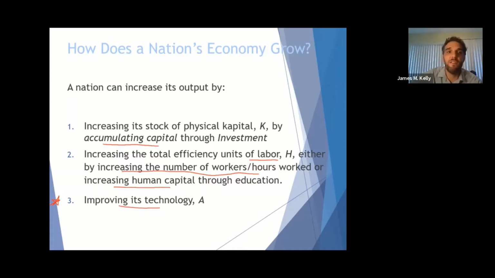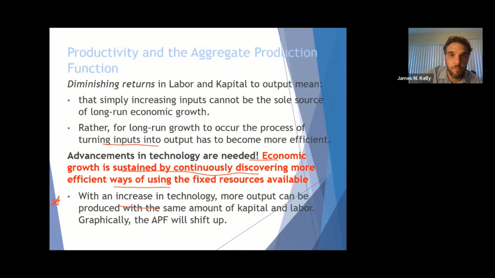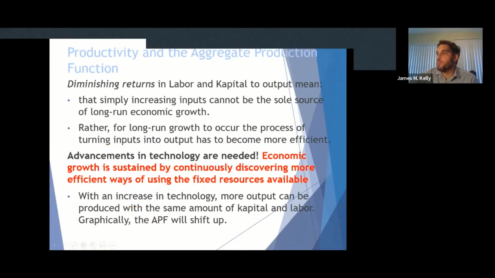And so there's an infinite number of ways we can process our inputs. And because of that, that is how we can sustain long-run growth, through these advancements in technology, in how we combine our inputs to produce output.